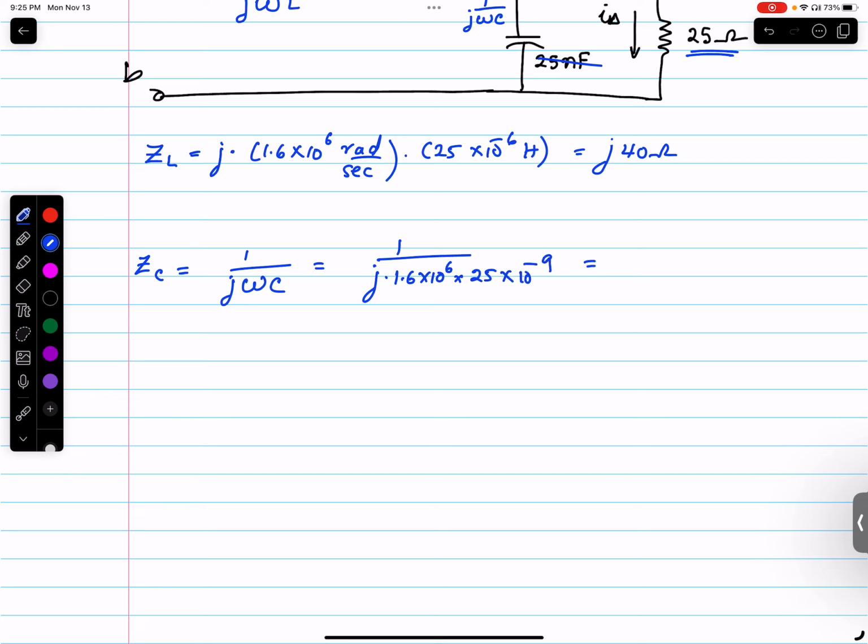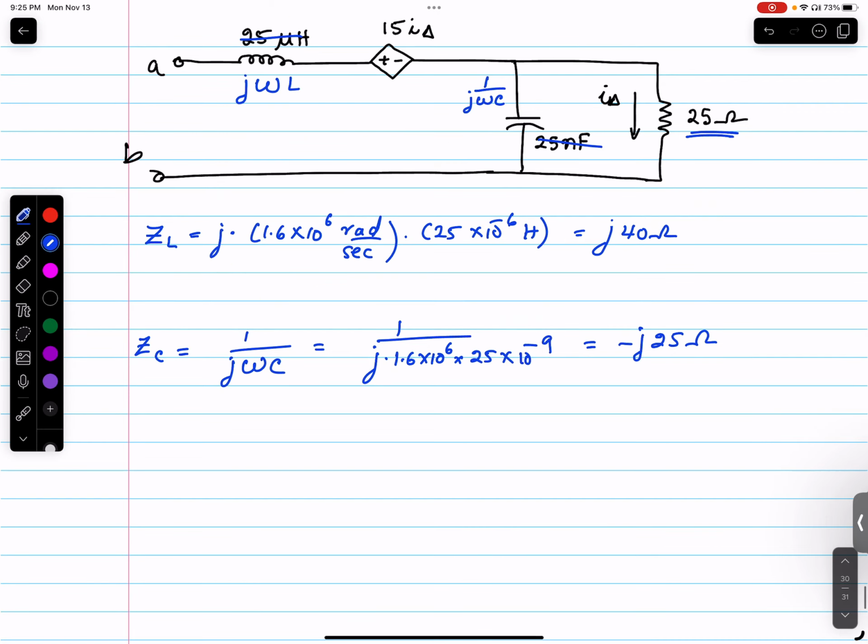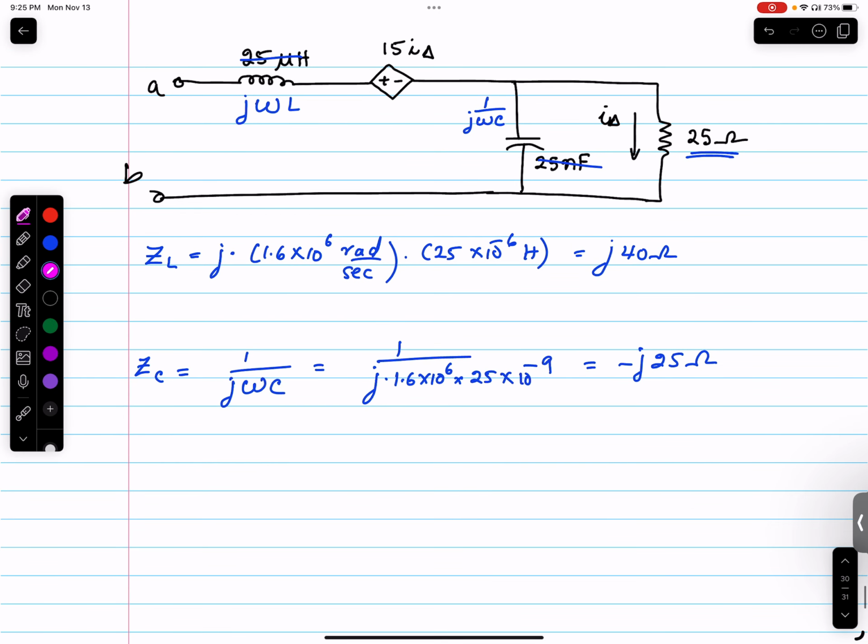You plug that in, you will see that this is negative J 25 ohms. So I'm going to write this as J 40 ohms, and this one is negative J 25 ohms.